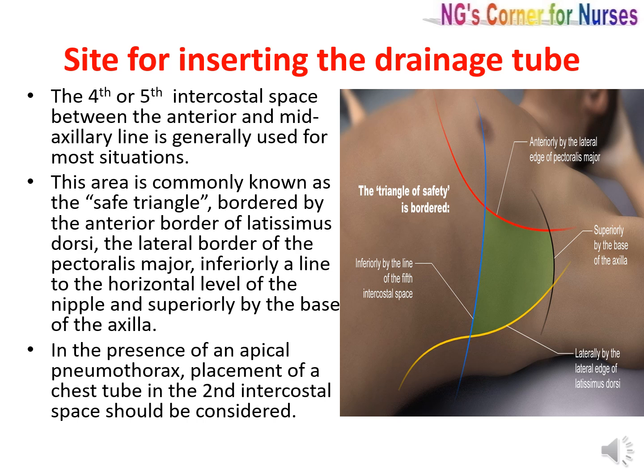The area is bordered by the anterior border of latissimus dorsi, the lateral border of the pectoralis major, inferiorly a line to the horizontal level of the nipple and superiorly by the base of the axilla. With these boundaries, it creates a triangle which is known as the safe triangle. And in the presence of an apical pneumothorax, placement of a chest tube in the second intercostal space should be considered.